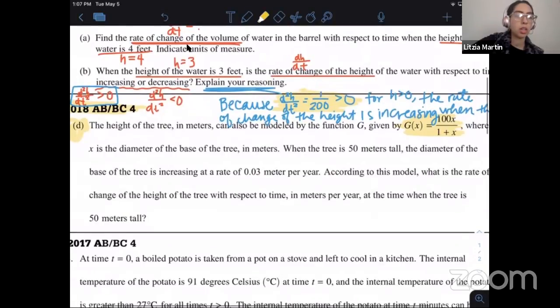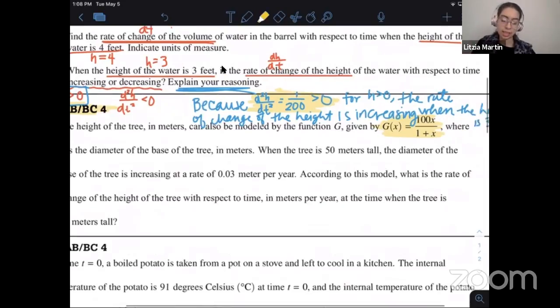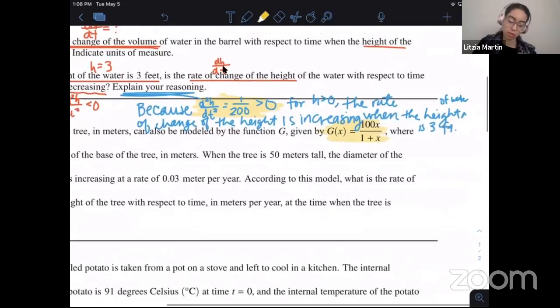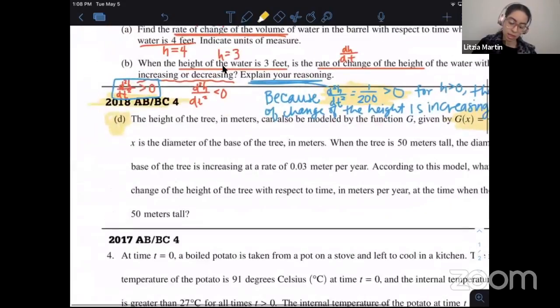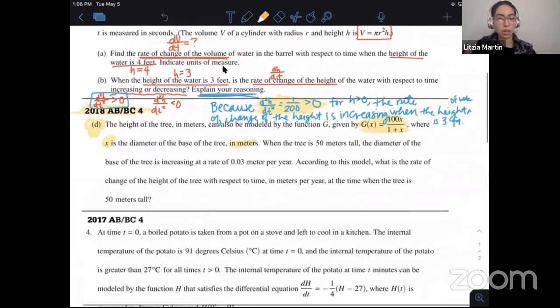So we can plug in any value for x for the diameter in meters, and then the output would be your height of the tree.